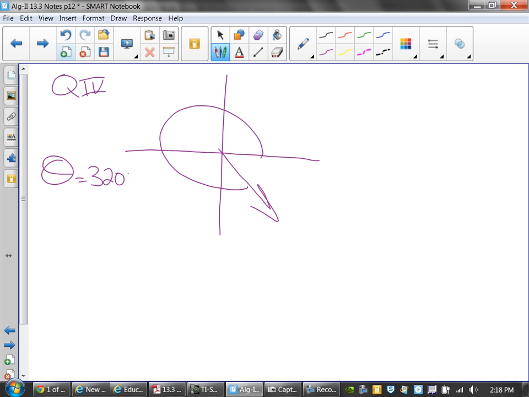Again, if I'm at 320 degrees, it pushes me into the fourth quadrant. How much further do I have to go to be at 360? My reference angle here to bounce back up. So in degrees, your reference angle is going to be 360 minus theta.